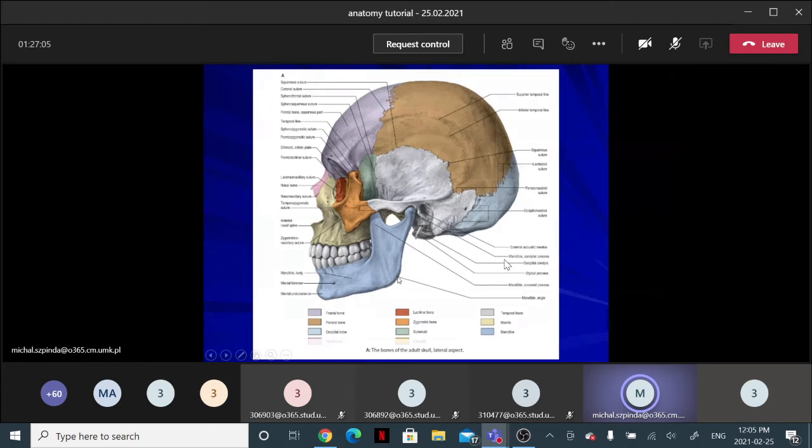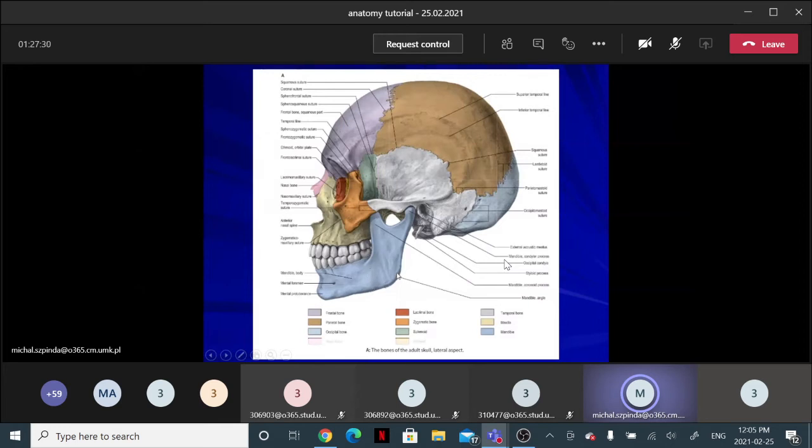It's wrong. Such a place here is called the mandibular angle or gonial angle, because such a point, a craniometric point, is called gonion. Gonial angle means mandibular angle.